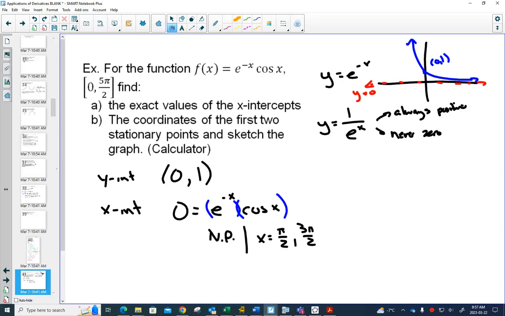But because our graph says only to graph up to 5 pi over 2, we'd also have to include 5 pi over 2. So those are our x-intercepts. We could list them as pi over 2 comma 0, 3 pi over 2 comma 0, and 5 pi over 2 comma 0.